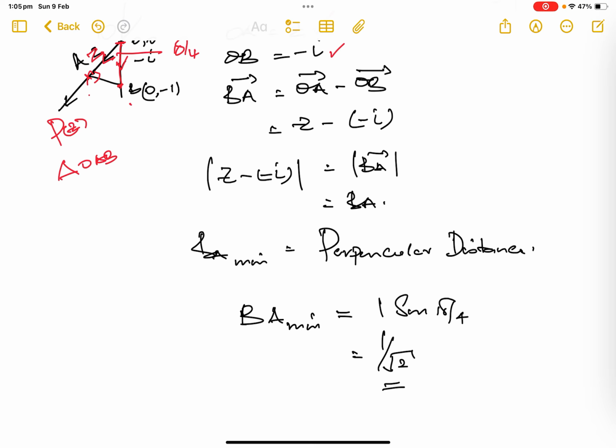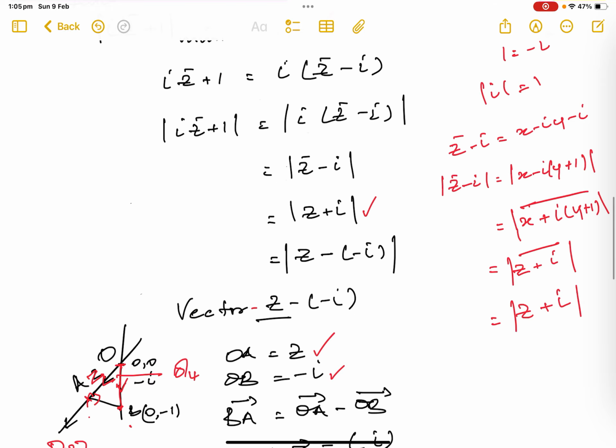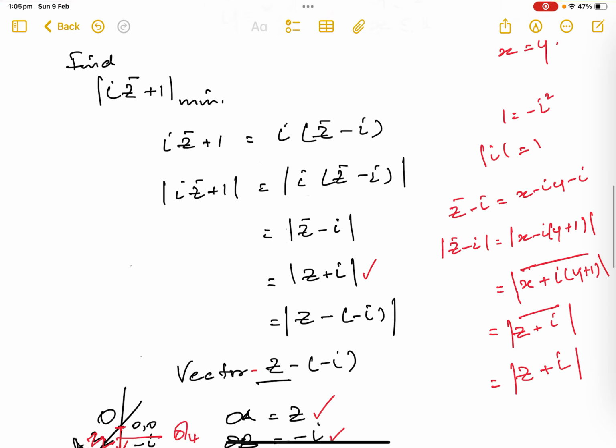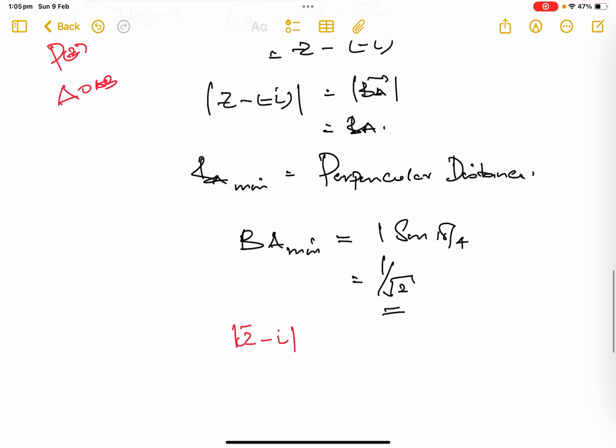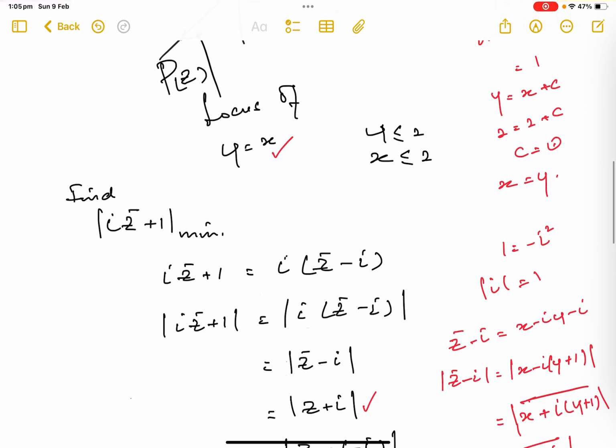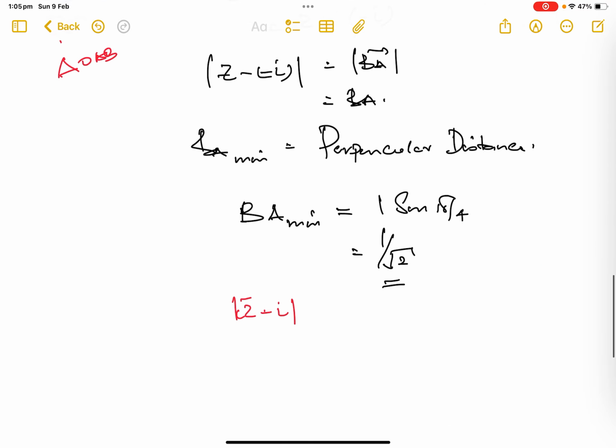So modulus of z minus i, which we just proved, is z bar plus 1 plus 1 equal to 1 over root 2 as minimum.